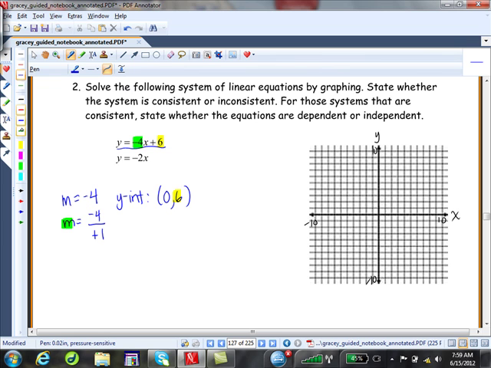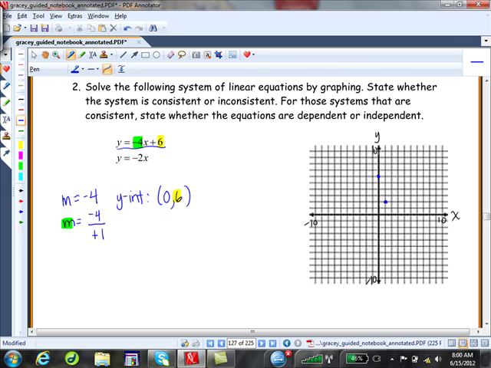All right, so graphing, we'll go to 0, 6, 2, 3, 4, 5, 6. And then we need to go down 4 and 1 to the right. 1, 2, 3, 4, and then 1 to the right. And I'm going to do a couple more to keep myself straight.